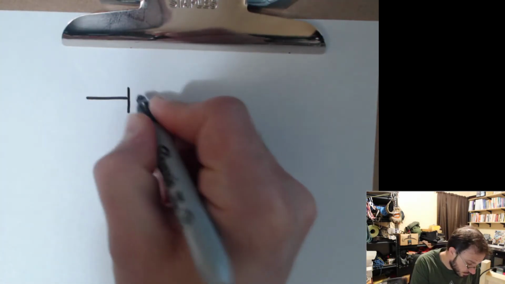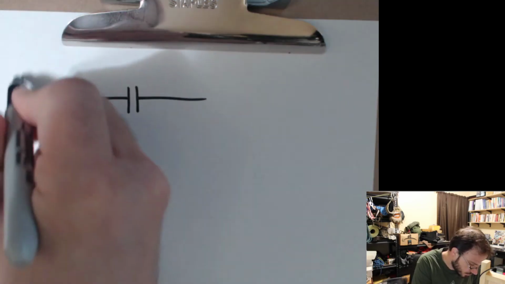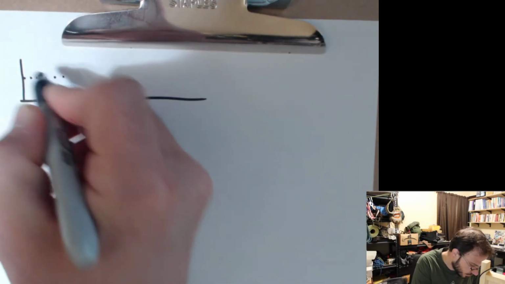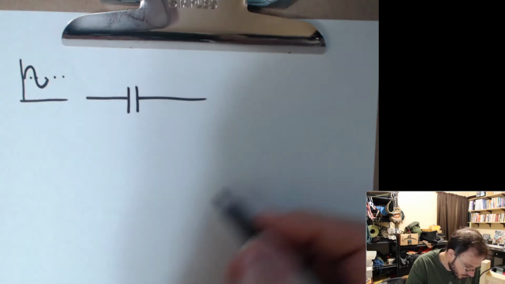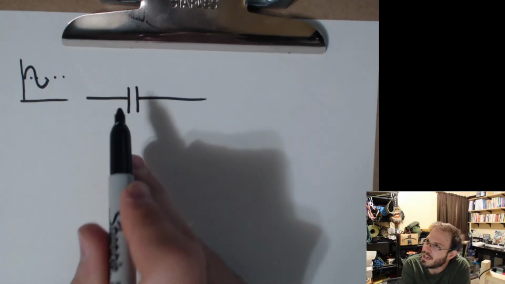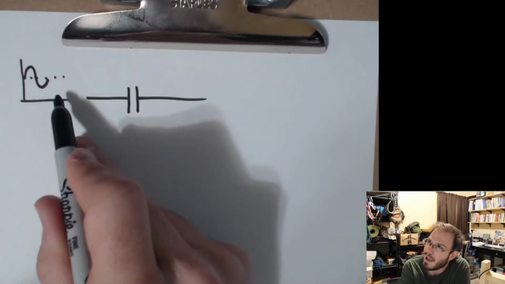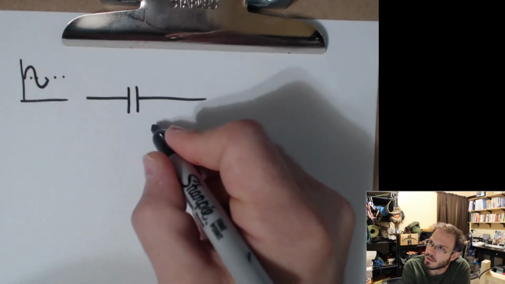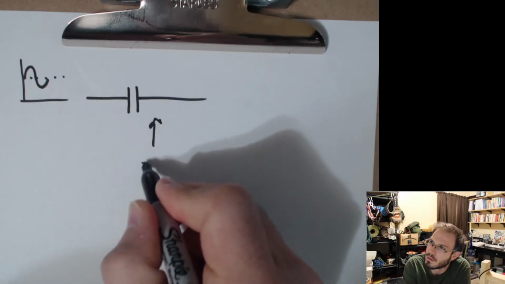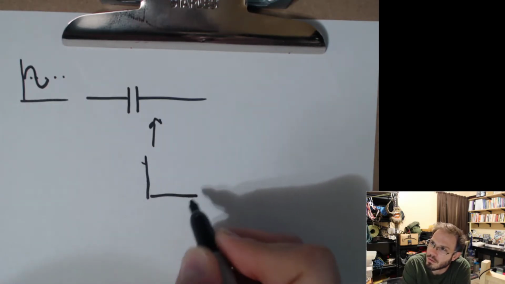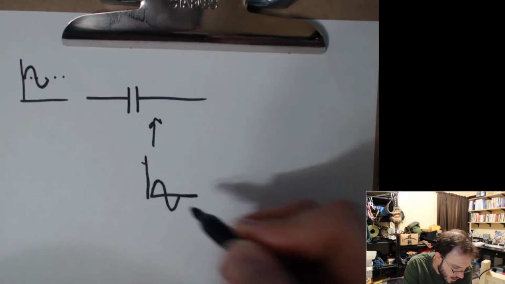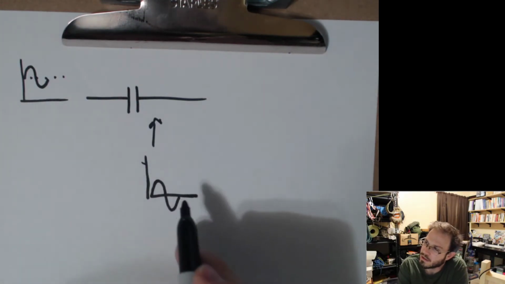There is one more step that we have to do. Because once we put it in series with this capacitor, yes, we strip out this DC component, and you get your signal centered at 0 volts.